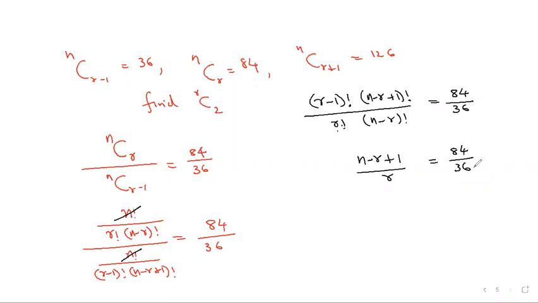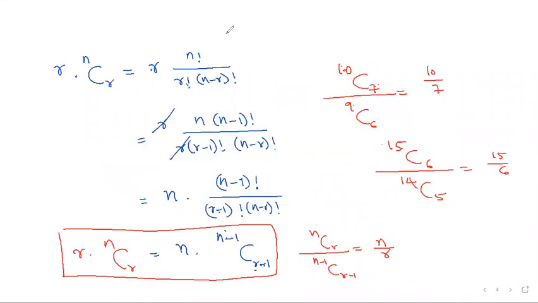So you got one more formula here. nCr upon nCr minus 1 is the difference between these two numbers divided by this. That also you can put as a formula. One more formula you can add.